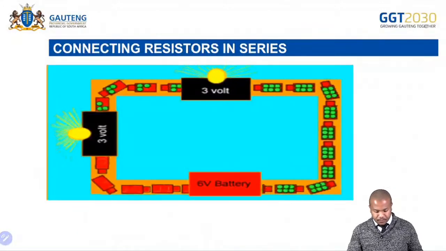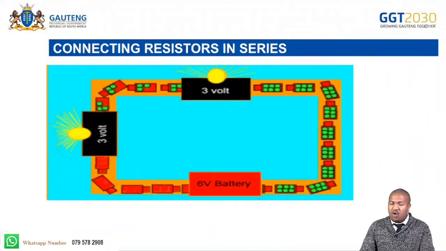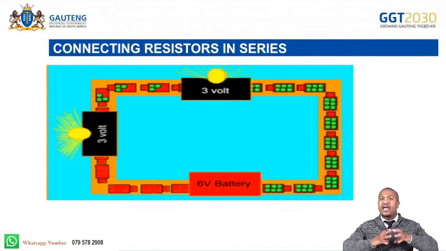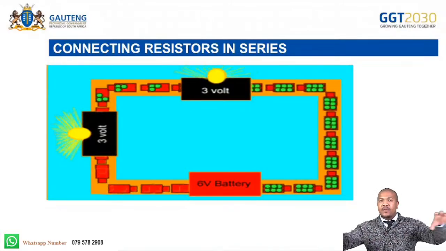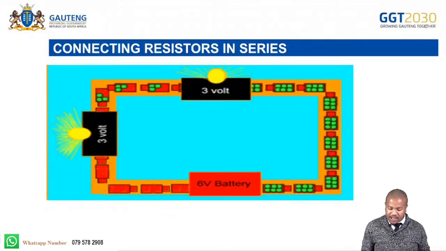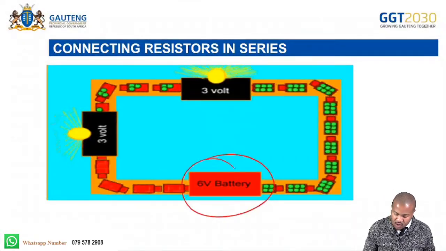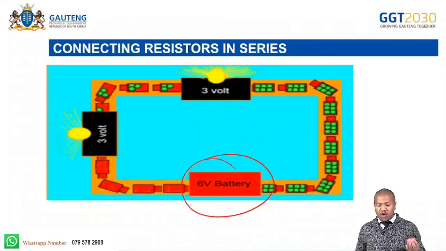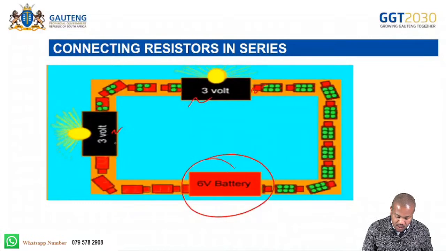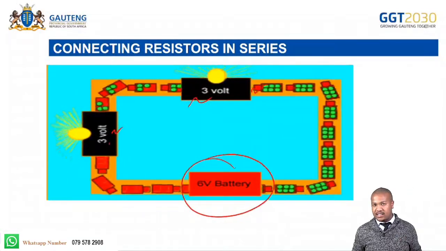So now, as we said, the total voltage of the battery is shared amongst the resistors in the circuit. Are we together? So meaning what? This battery here is of 6 volts. So the voltages are the same when it comes to these two resistors here, right?